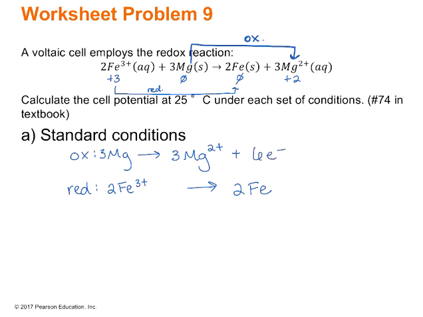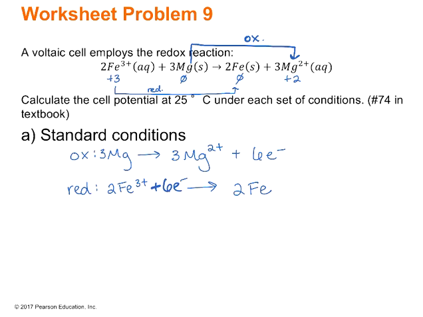And then in the reduction half reaction, we have a gain of electrons. So how many electrons does each iron ion have to gain? 3. But there are 2 iron ions, so they each gain 3 for a total of 6. Okay, so it looks like it's already balanced, which is good.